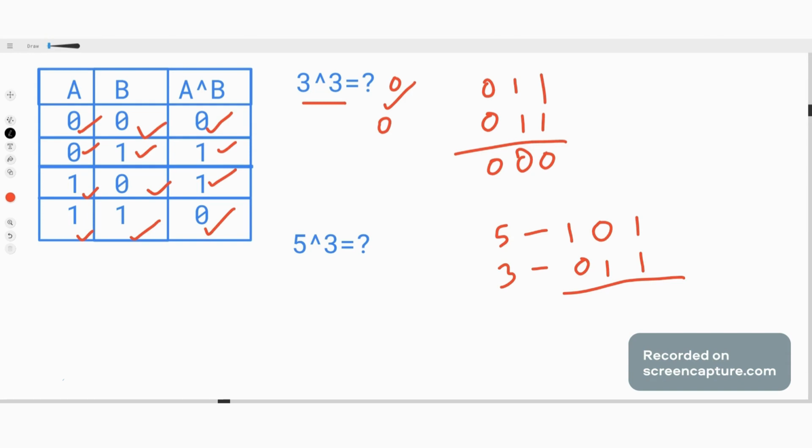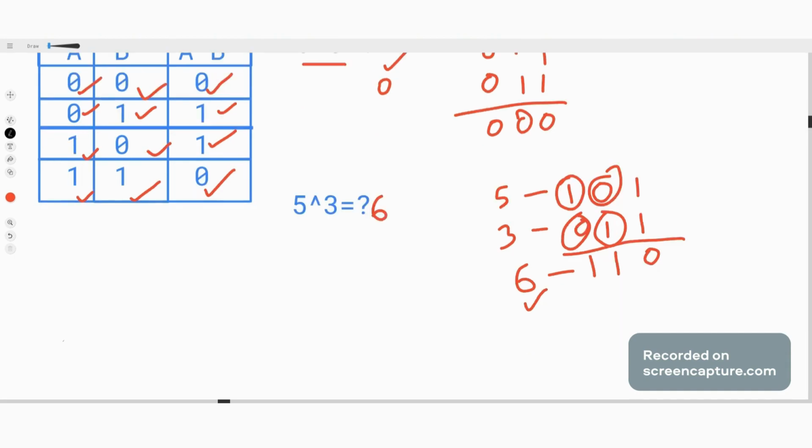These two, 1 and 1, are same, so it will give us 0. 0 and 1, see, they are different, so we will get 1. Again it is different, so you will get a 1, because the bits are different. If you convert this into decimal, you will get 6. So the XOR value will be 6.